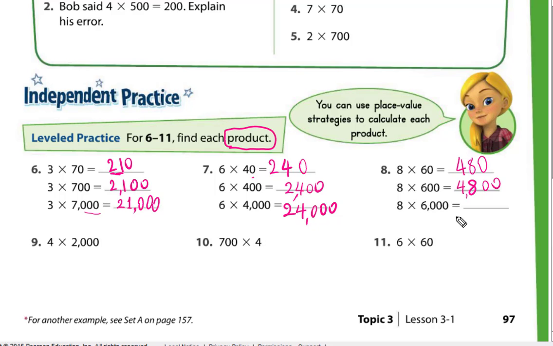And 8 times 6,000. How many zeros first? 3. And 8 times 6 is 48. Now read this. 48,000. Great, thank you.